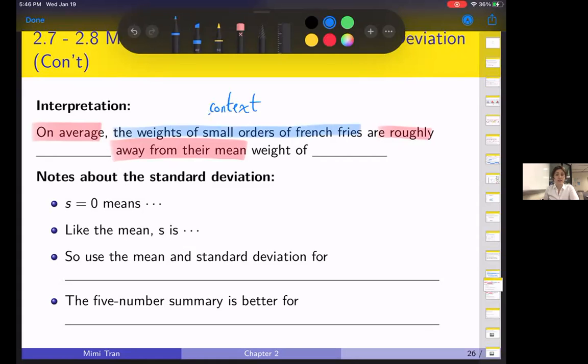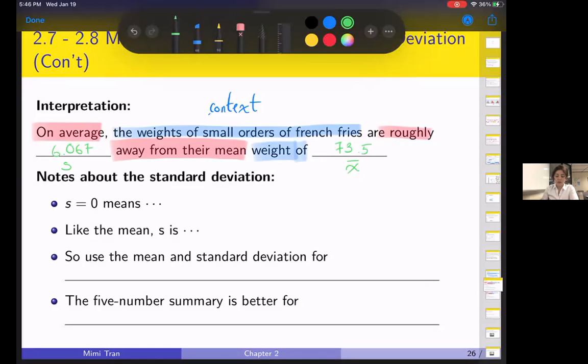Then "are roughly" blank, where blank is the value of the standard deviation S. For us, because it's French fry data, it will be 6.067, something like that, away from their mean. What's the mean of the French fry data? 73.5.